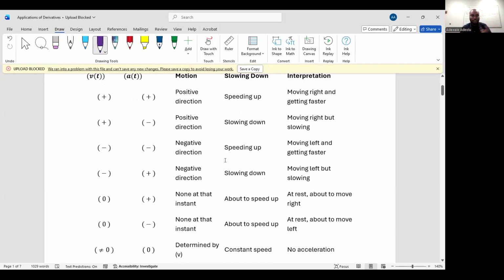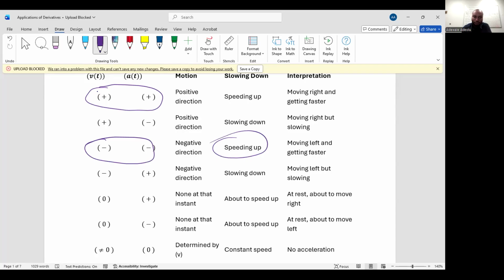But there are a couple of things I want you to bear in mind. When the velocity and the acceleration have the same sign, it means you are speeding up. When they have opposite signs, it means you are slowing down. So please take note of that.